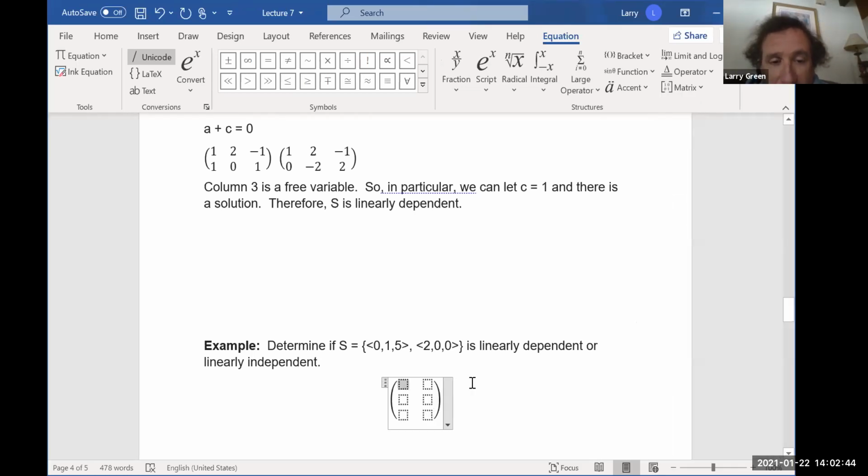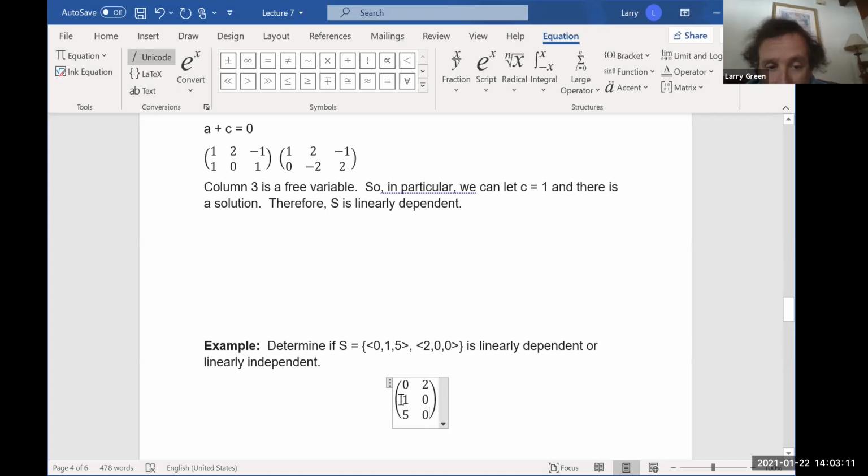Notice that the vectors in S are the columns, not the rows. So you get 0, 1, and 5. We get 2, 0, 0. Any questions on setting up the matrix to help us determine if these are linearly dependent or independent?